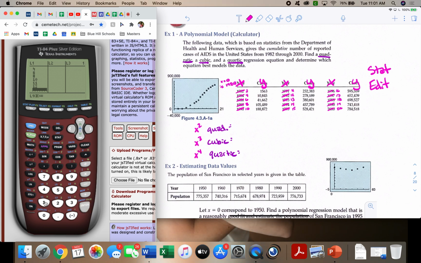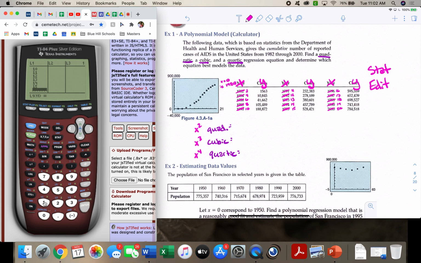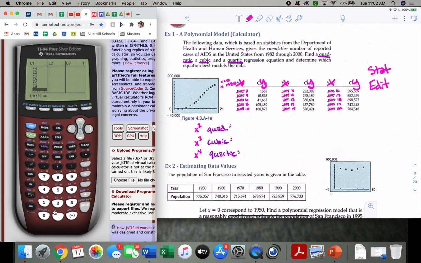We're kind of catching up. 13, enter. 14, enter. 15. Go back through and check yours to make sure you get the right numbers. 16. Enter. Oh, Lord.